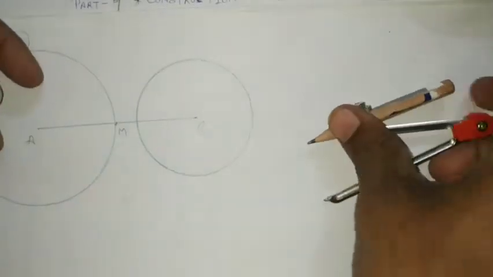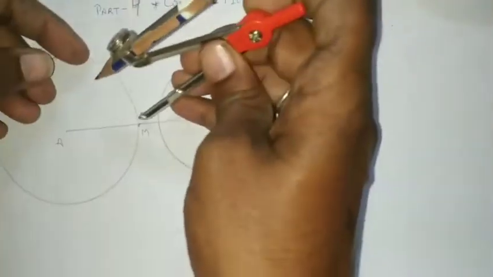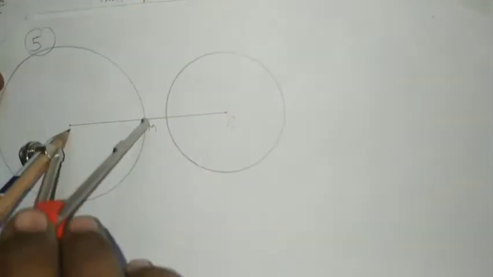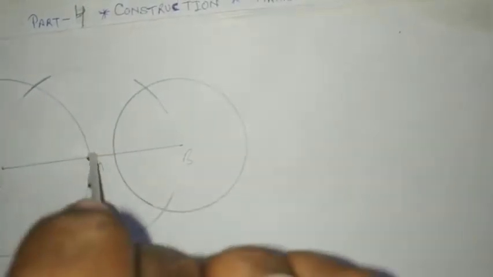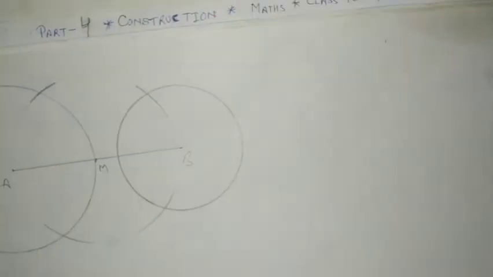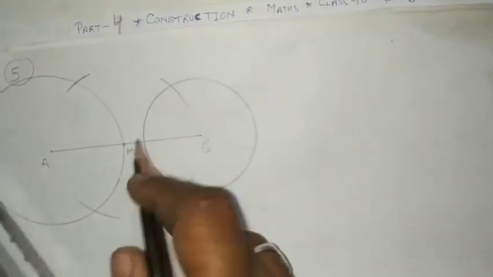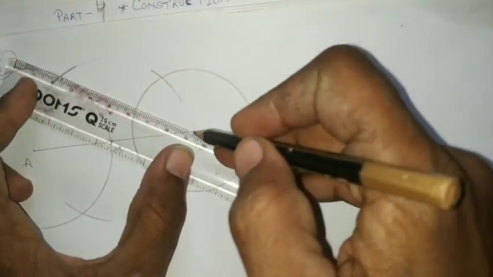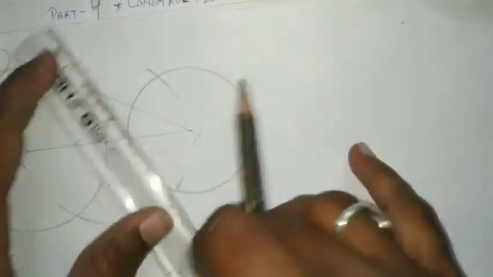M is the midpoint. So taking M as center and radius MB, draw a circle and cut all 4 points, because for this circle M is also the midpoint. So from B, join these points.